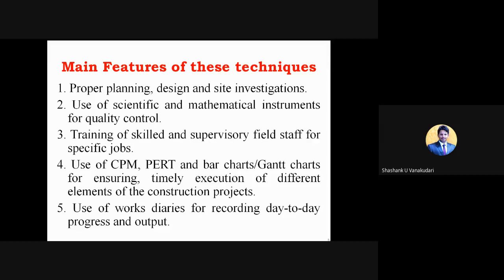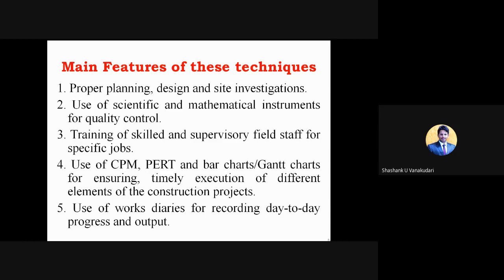By using these techniques, we can adopt the scientific and mathematical instruments, I mean the necessary instruments that can be used to maintain quality control. Scientific in the sense, we need to achieve 100% quality in the particular work.